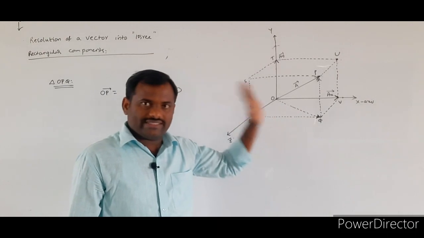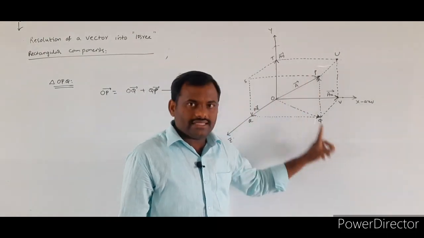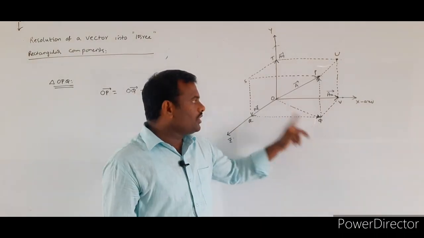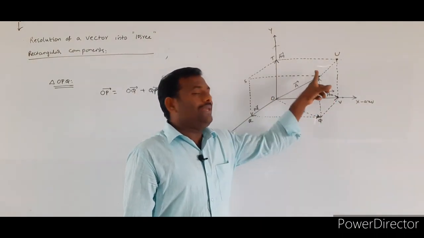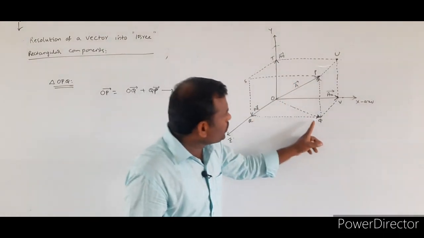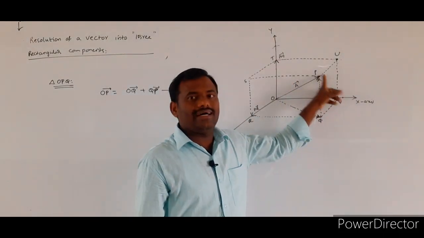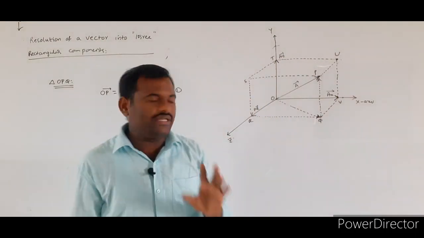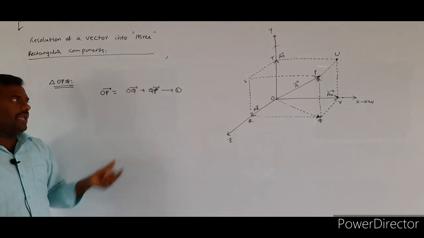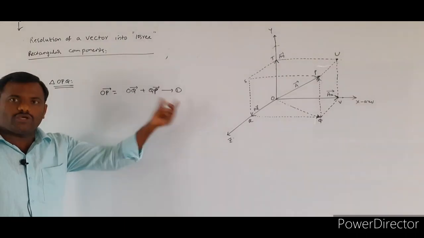Equation number 1. Once again, see here. Which triangle do we consider? Triangle OQP. OP is the closing side, and OQ, QP are the sides of the triangle I considered. From the triangle of vector addition, I wrote OP bar is equal to OQ bar plus QP bar.